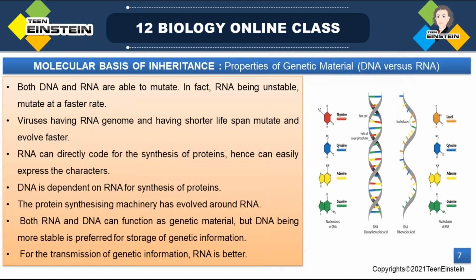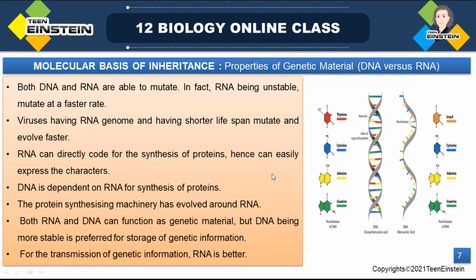Okay. So you know that DNA codes for RNA, then RNA codes for protein. First from DNA, RNA is formed, then RNA forms protein. In the case of DNA, first DNA should form RNA, and then this RNA can give protein.